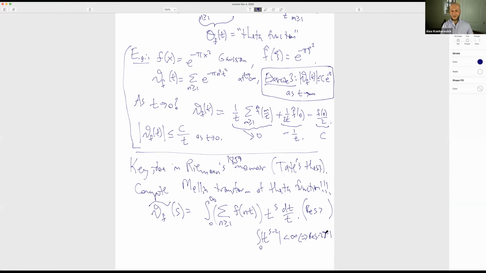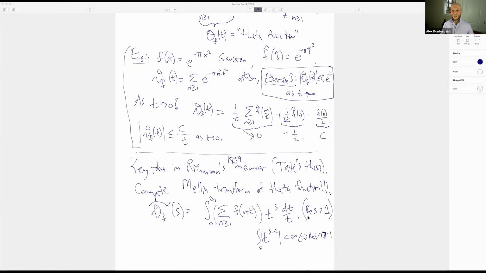Near 0, you need to be blowing up no faster than 1 over t. And so if I move the 2 to the other side, the real part of s has to be bigger than 1 for this to converge. But in that region, it converges absolutely, and there's no problem interchanging orders and stuff like that.